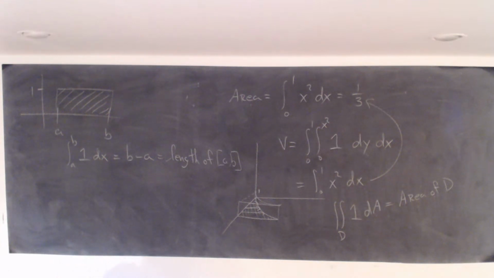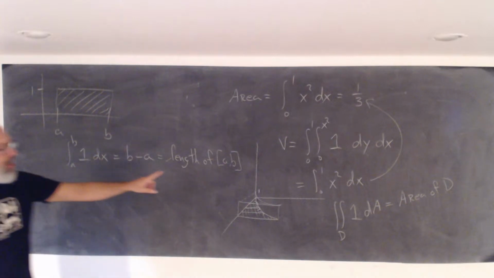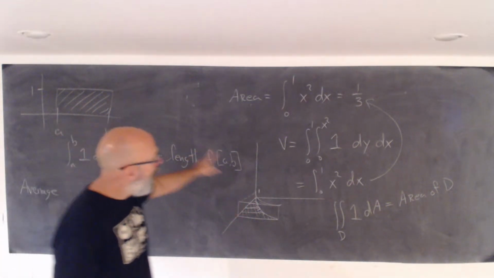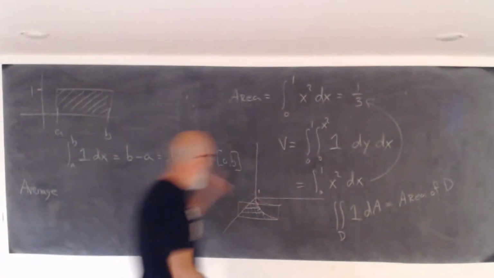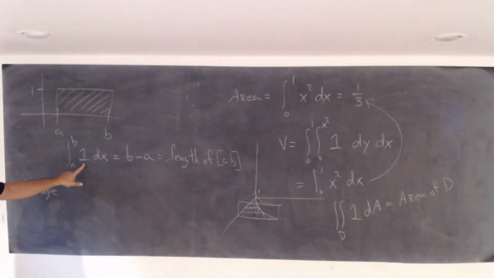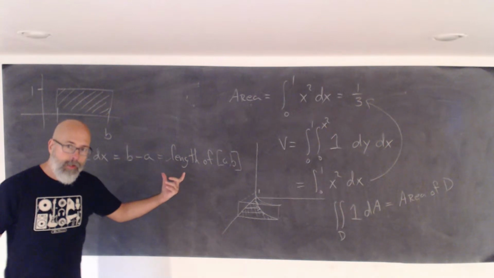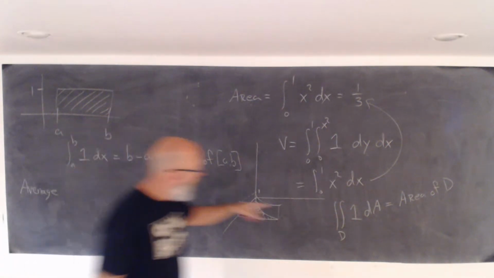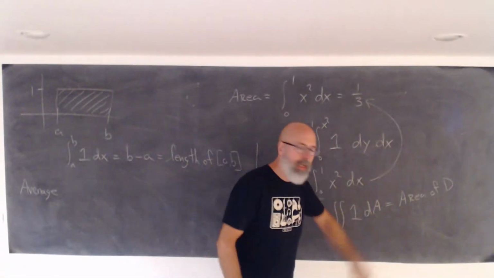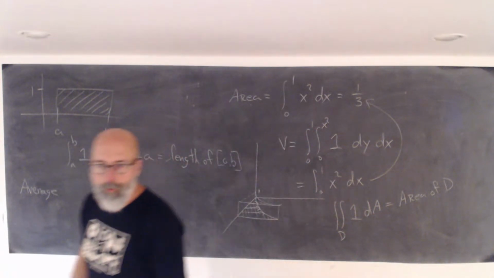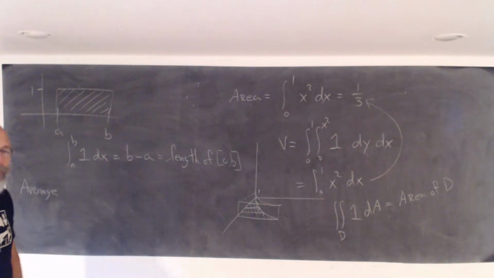So let's finish up our average value question. First of all, a very nice and important observation, right? Let's go back to here. The single integral of 1 gives you the length of the interval you're dealing with. The double integral of 1 gives you the area of the region.